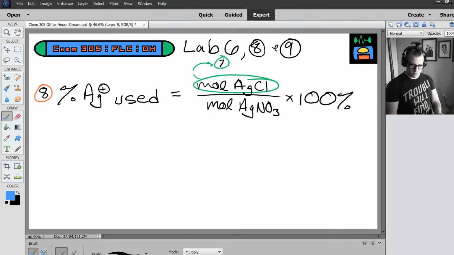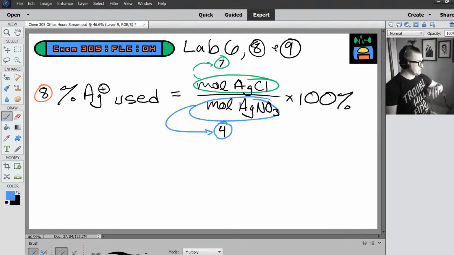And then your moles of silver nitrate, you did this in step 4. So you simply take your value for number 7, divide by your value for number 4, multiply by 100, and that is number 8. I believe we're going to run into a similar situation with number 9.